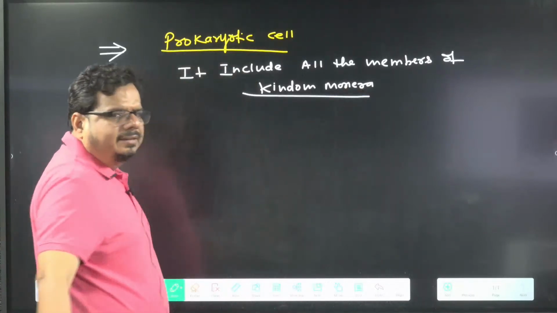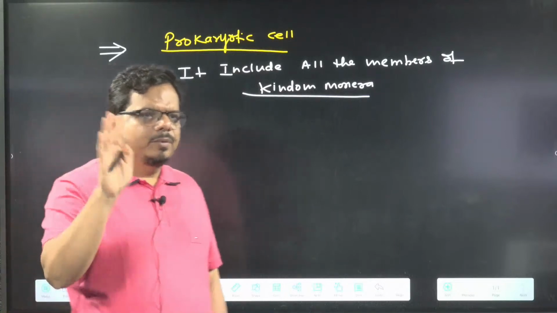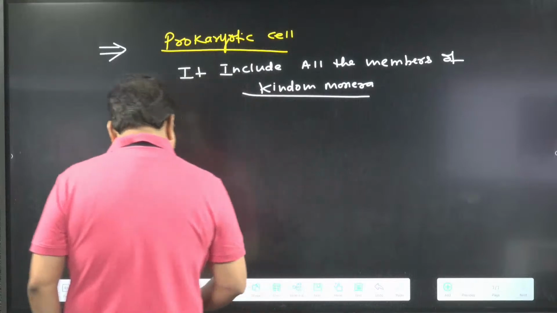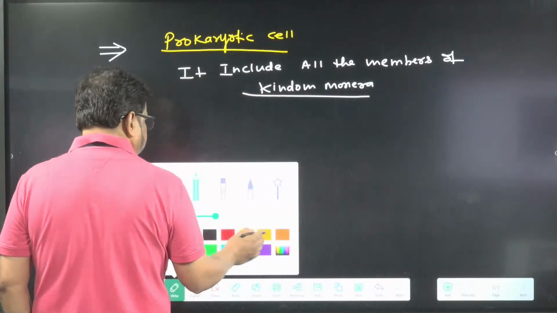Right now, I think these are the areas I told. Shape of bacterial cell also completed. Now we are going to talk about the structure of bacterial cell or prokaryotic cell.